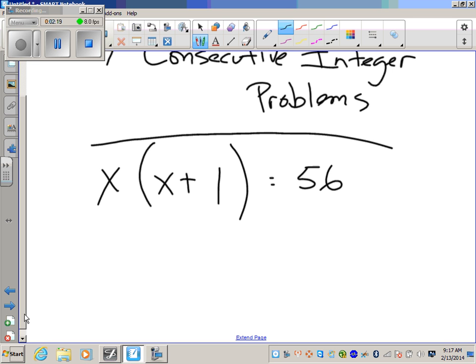So I'm going to get x squared plus x equals 56. Now this is very similar to something you could have seen on your assignment for today, right? But in order for me to really solve it, what does this have to equal? 0. So let's get rid of the 56 by subtracting it.